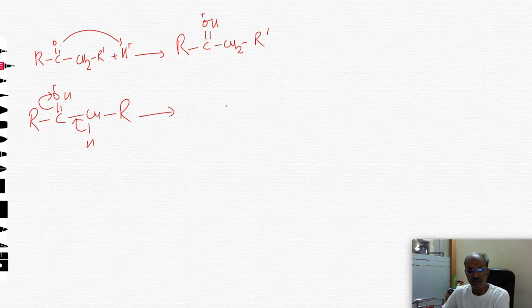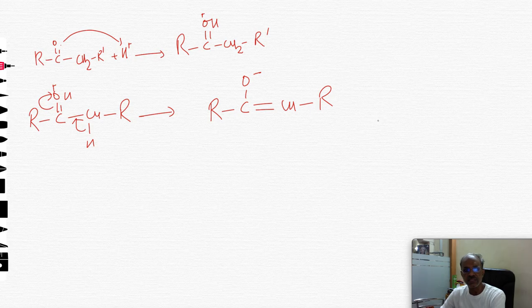So this will form RC single bond O minus, double bond CH dash R. This is nothing else but an enol formation, we can say.